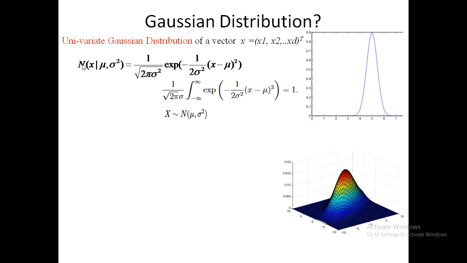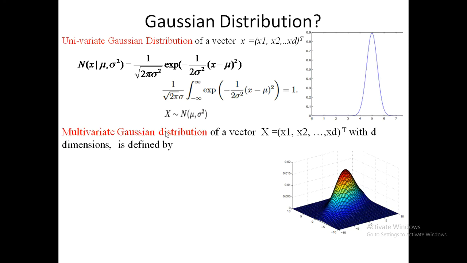This is the univariate Gaussian distribution, having a single dimensional variable. This is the standard form of the normal distribution. This is a short form of representation that X is normally distributed with parameters mu and sigma square.